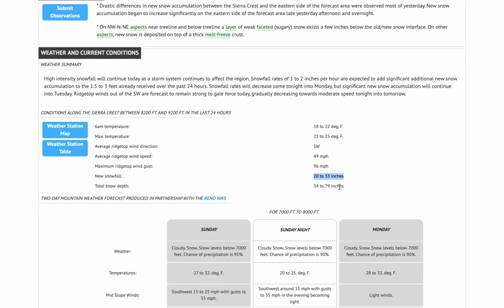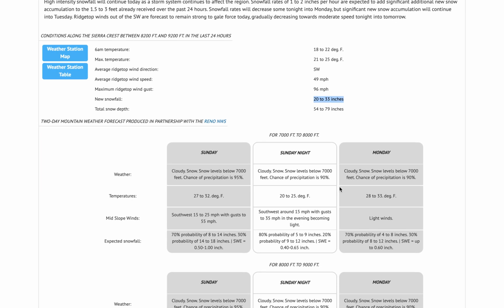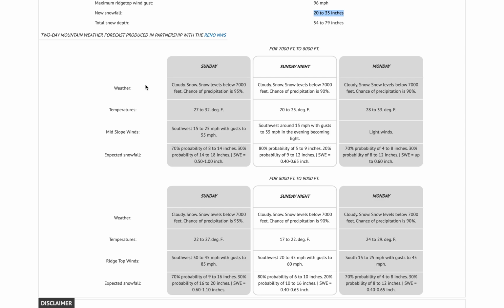They got 30 inches the night before, and then it's going to give you a 2-day weather forecast. So this is Sunday, and it's going to give you a general weather synopsis. Temperatures range for that day, that night, and the following day. Winds on mid-slope and expected snowfall.